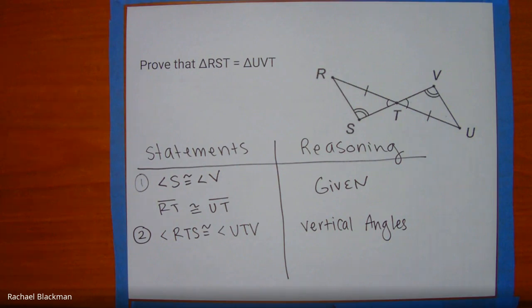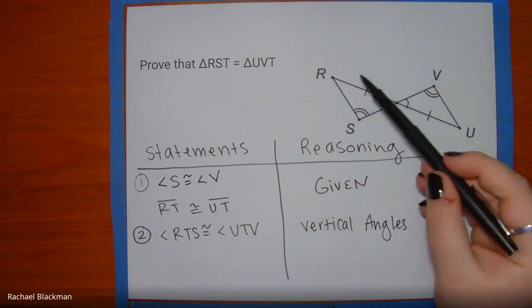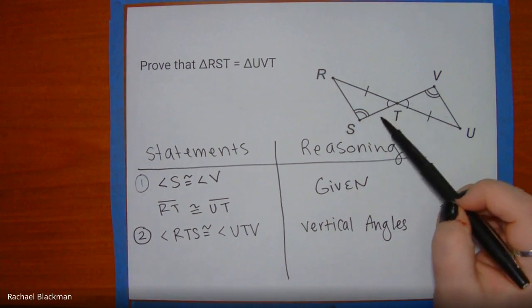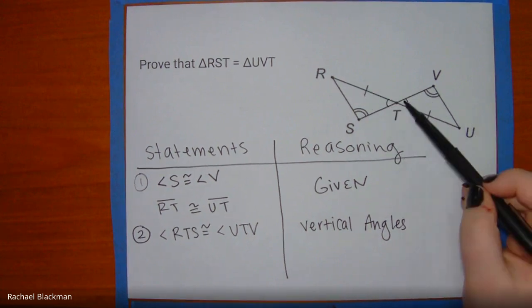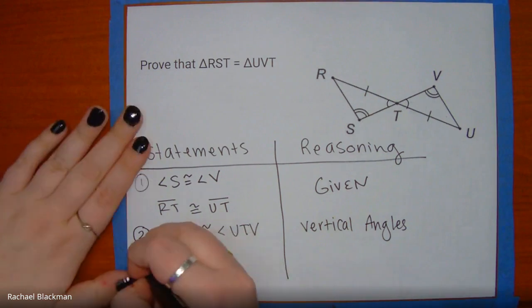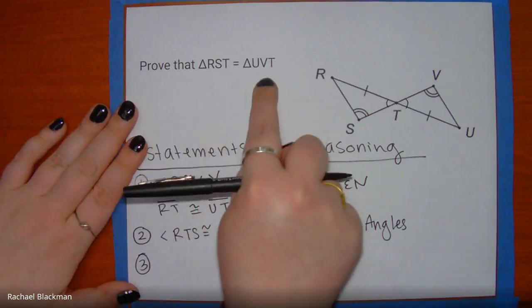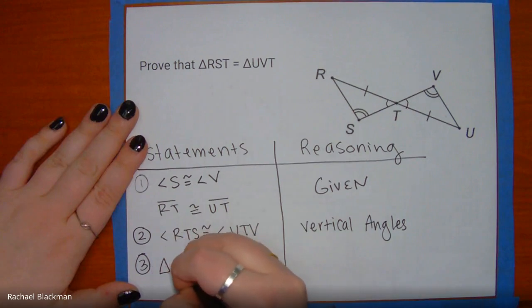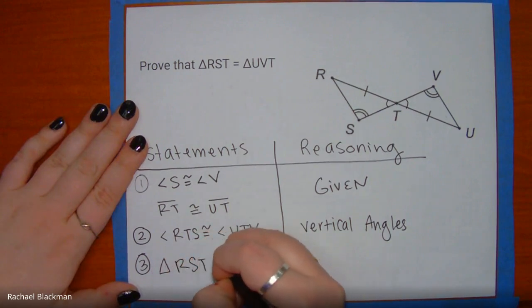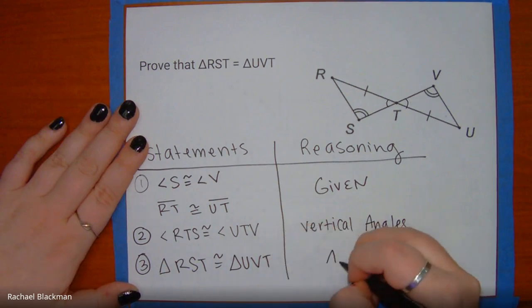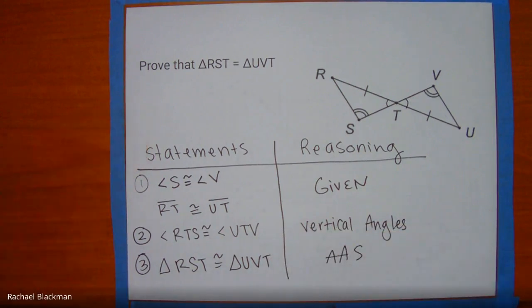There we go. Angle, angle, side. We okay with that? Again, we have that side. It's considered non-included. It's not in between these two angles. Angle, angle, and then side. So there we go. I'm going to restate what we wanted to prove. Triangle RST congruent to triangle UVT. Again, angle, angle, side. Not too bad.